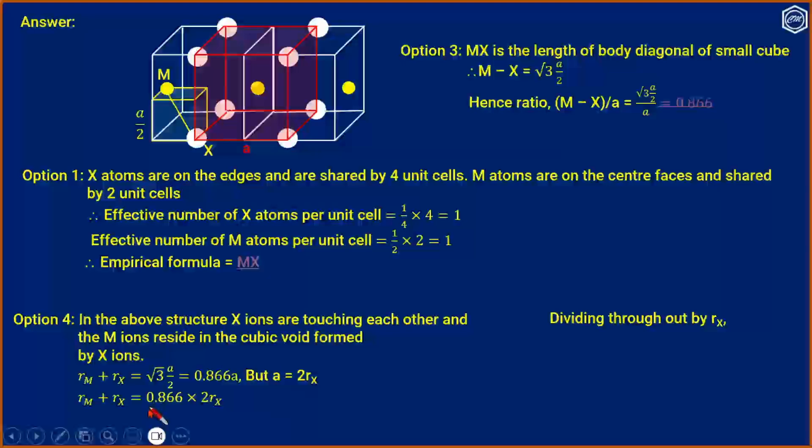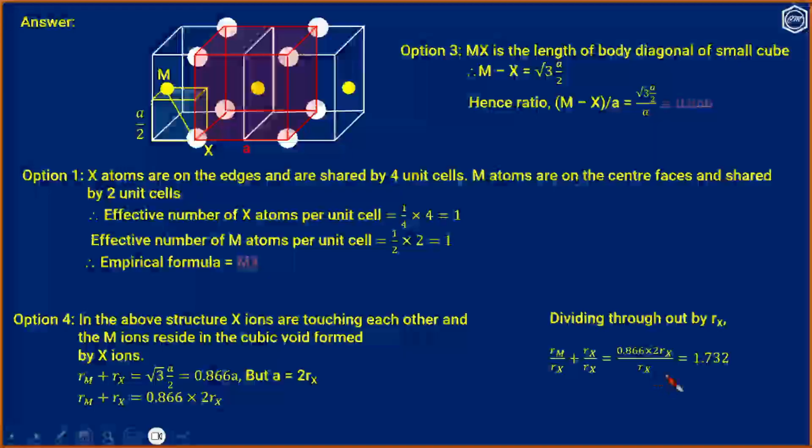Now just divide this equation throughout by Rx. That is Rm by Rx plus Rx by Rx equals 0.866 into 2 Rx by Rx. And this Rx and Rx cancels, and this will be 1.732.